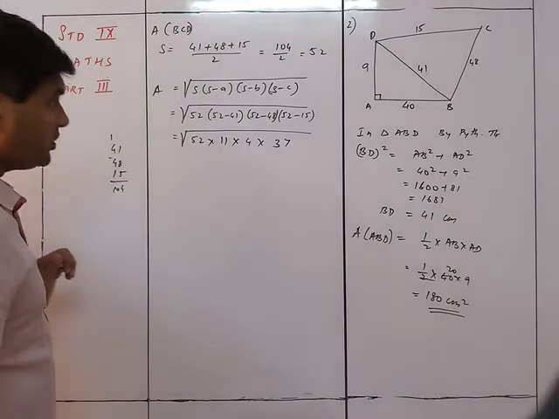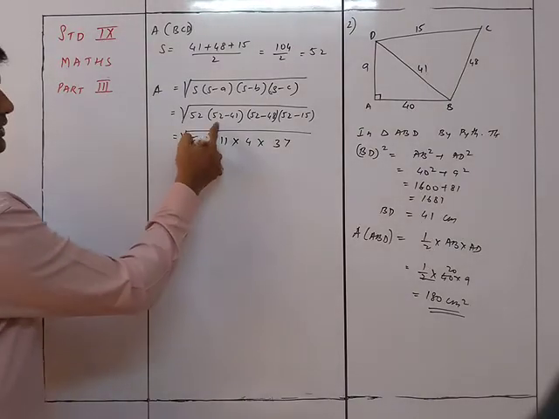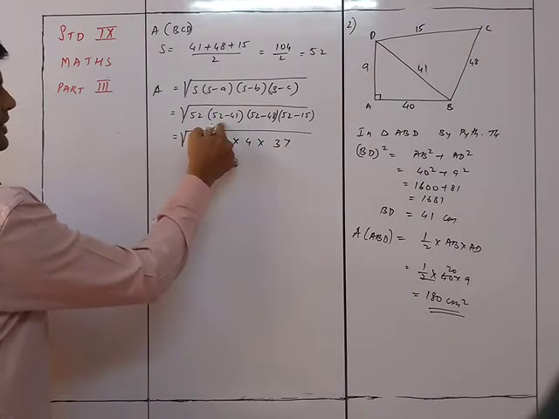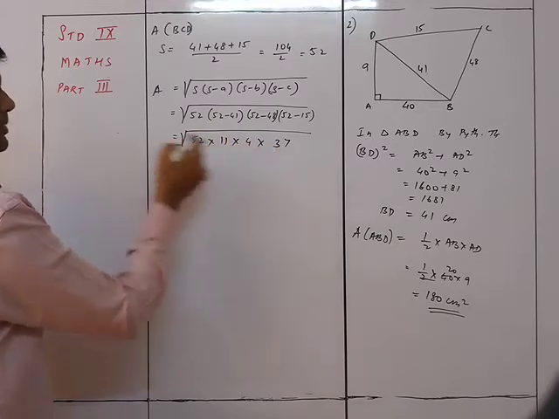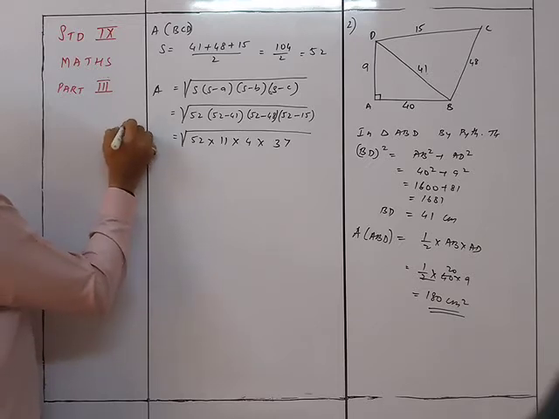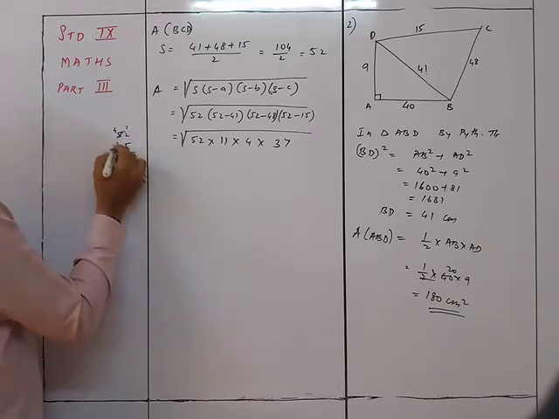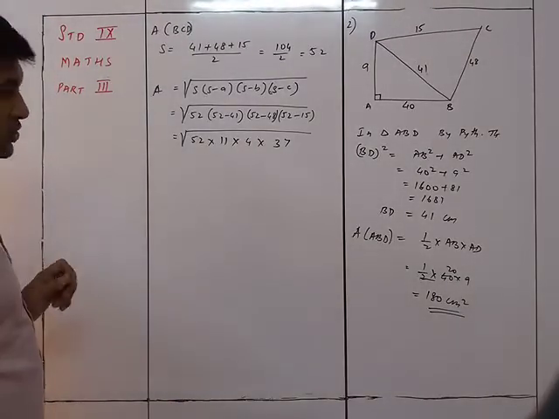That is not a problem. 52 minus 15 should be the only issue. 52 minus 15 is 37. So this is 11, this is 4, and then 37. Yeah, right. Strange.